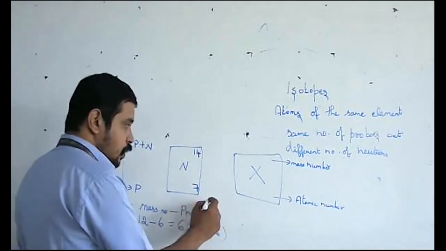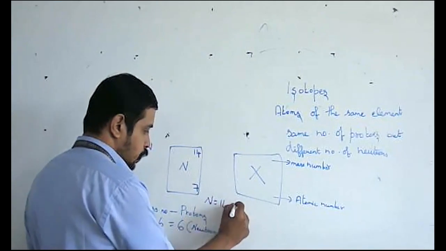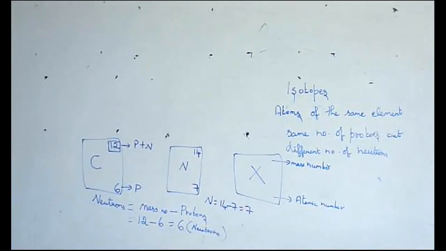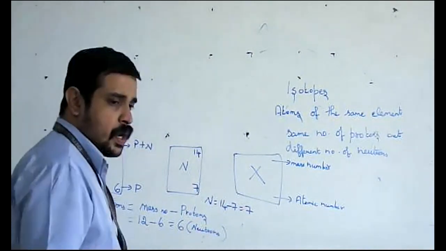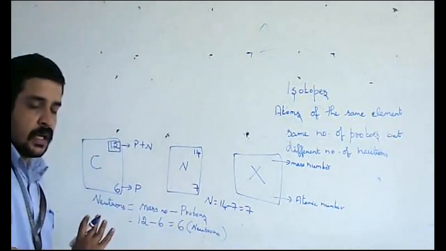Now, it is very easy to calculate the number of neutrons. It is 14 minus 7, which is again 7. Okay. Now, these two are the examples.